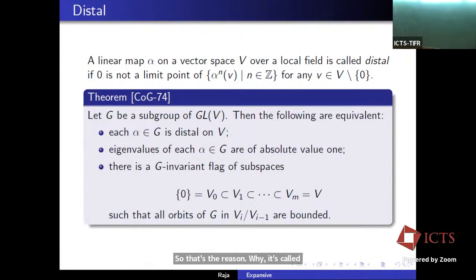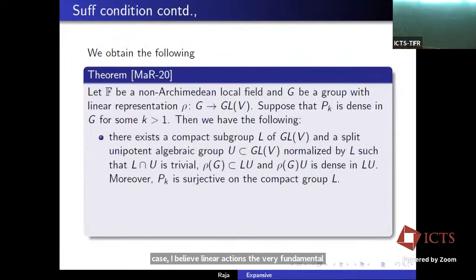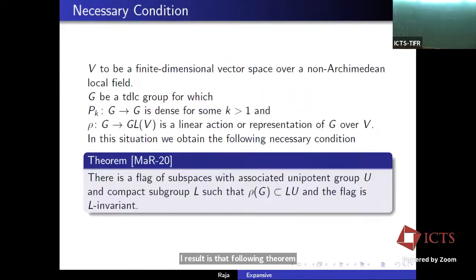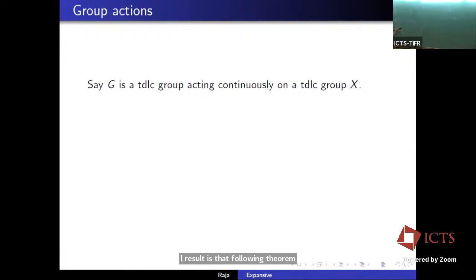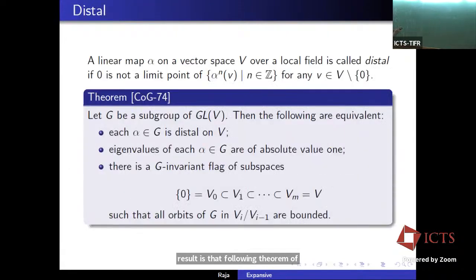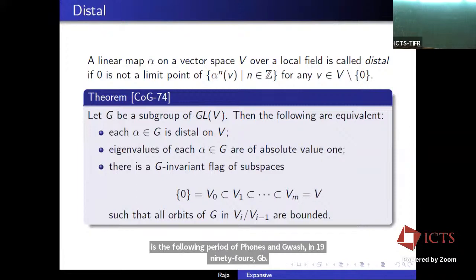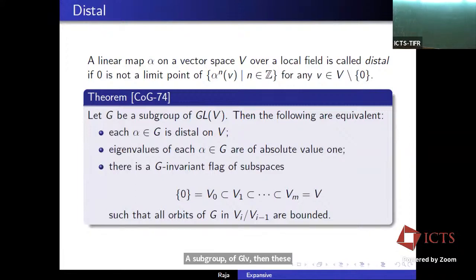So in this case of linear actions, the very fundamental result is the following theorem of Ghosh and Ghosh in 1974. Let G be a subgroup of GL(V). Then these three conditions are equivalent. Each linear map is distal.